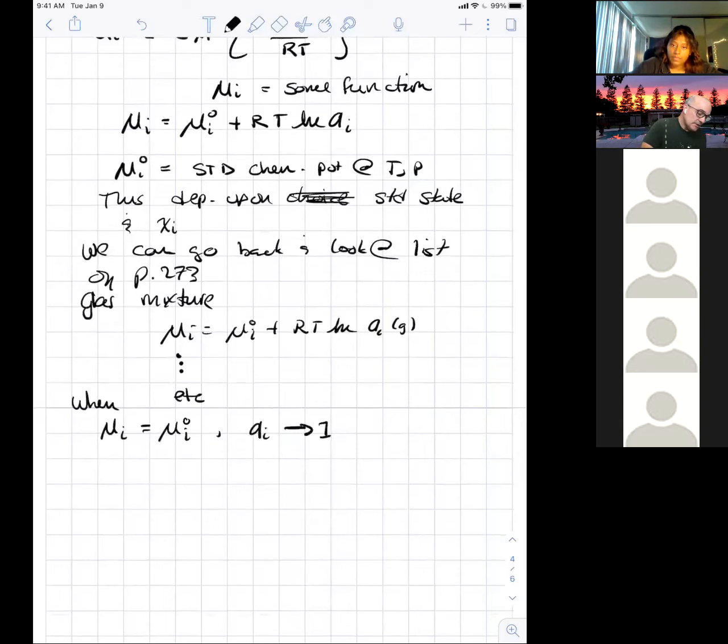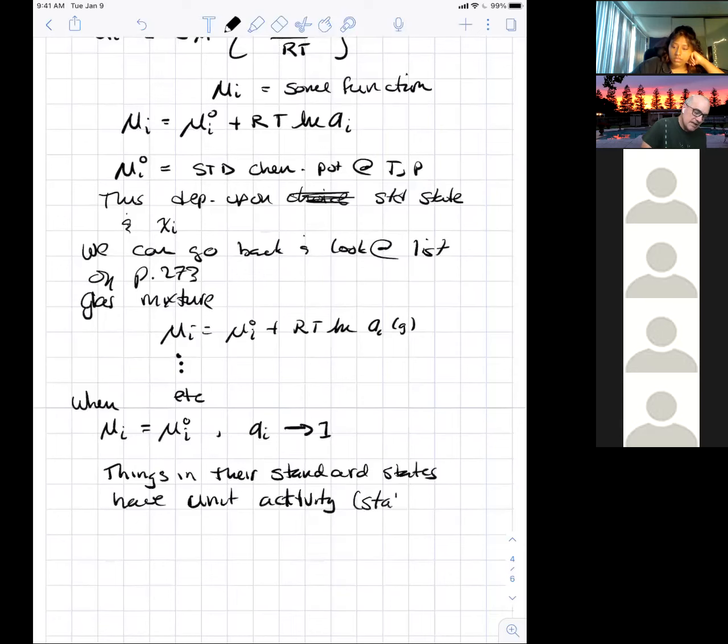So what this basically means is that things in their standard states have unit activity. In other words, they're stable the way they are.